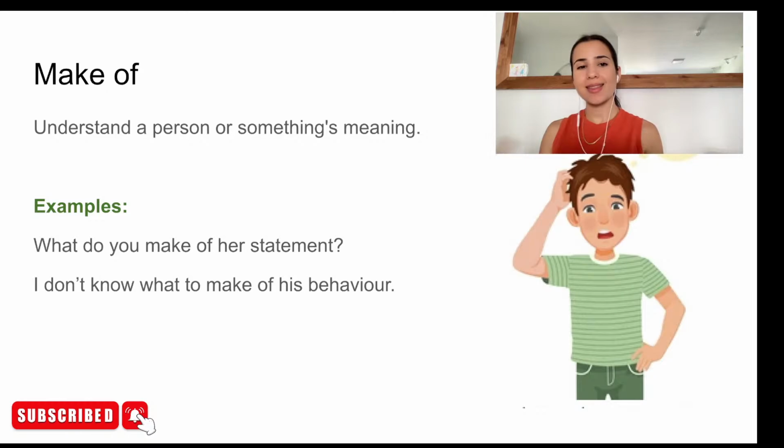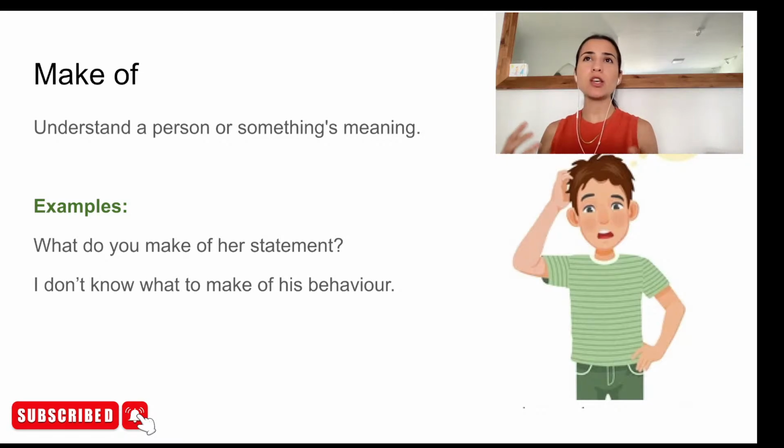Make of. This one is a common phrasal verb that we use in English. You may not have heard this one before, and it might be a little bit strange to hear it, especially when I explain it to you. But keep in mind that we use this phrasal verb generally in a negative sentence or in a question.